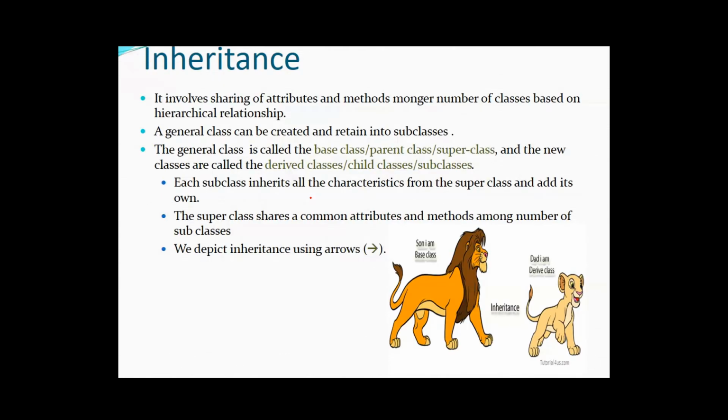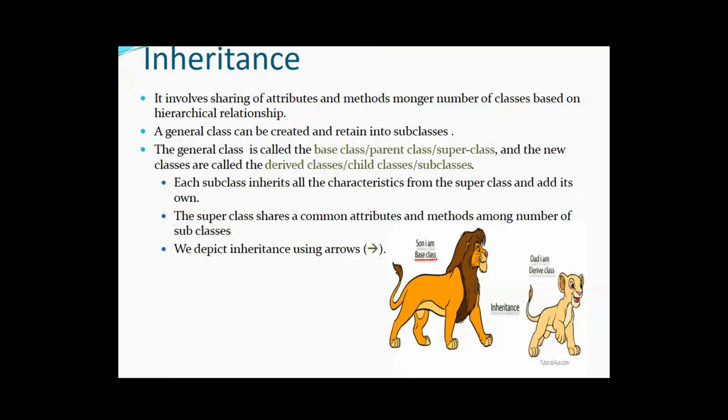All right. Inheritance is another type of relationship, which means that a class inherits something from another class, or an object inherits properties from another class. This is an example. This is a lion, and this is the lion's son. Now the lion will pass on what?